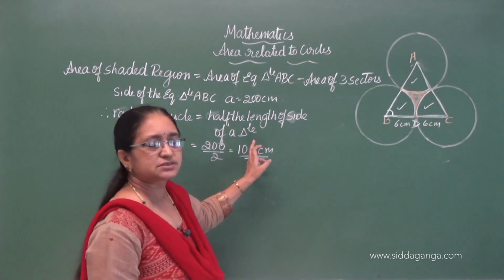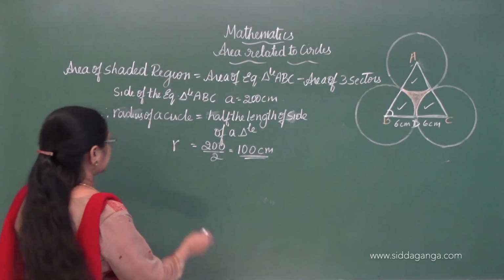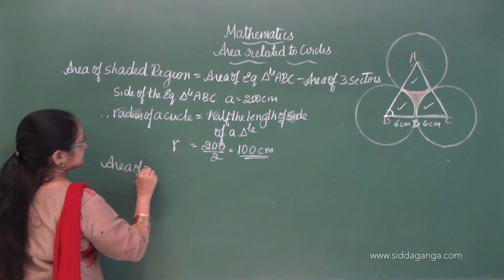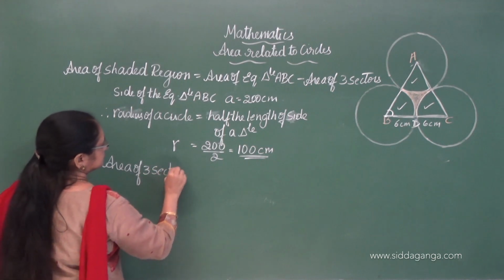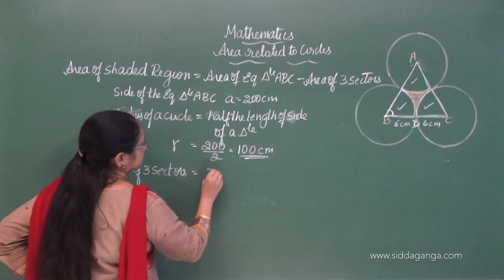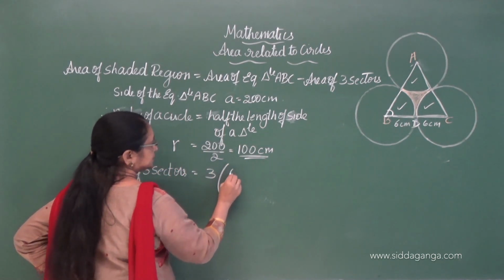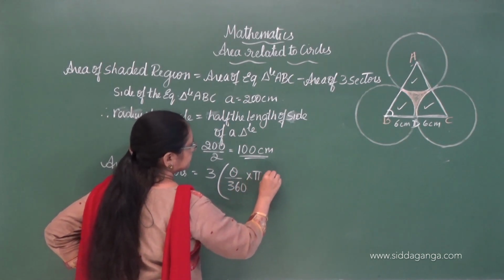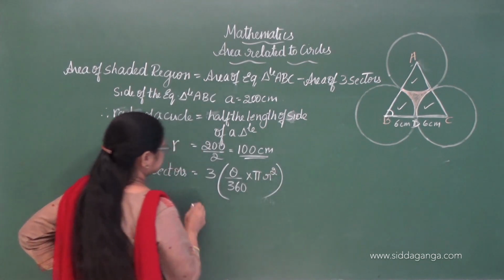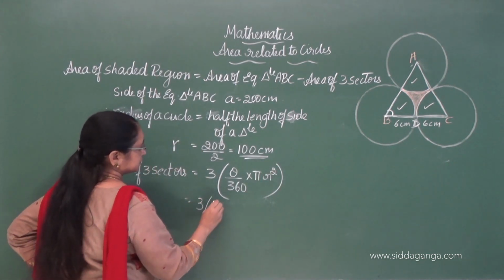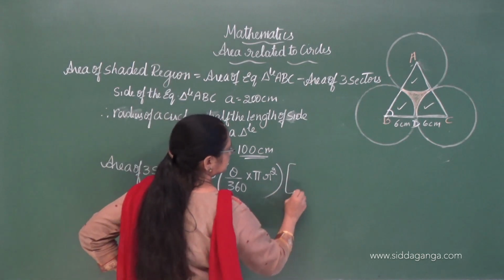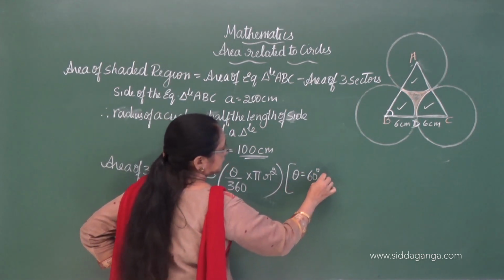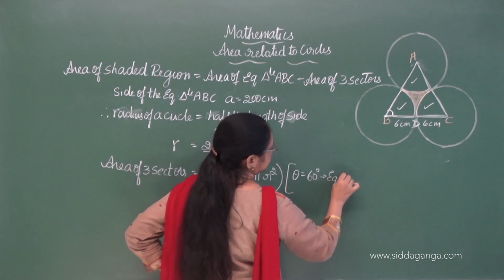Now once you have got this, you can find out the area of the 3 sectors: 3 into theta by 360 into pi r square. As you all know, here theta is equal to 60 degree, because ABC is an equilateral triangle.